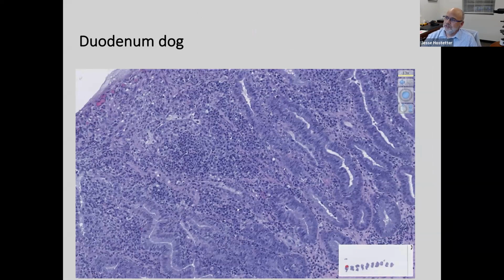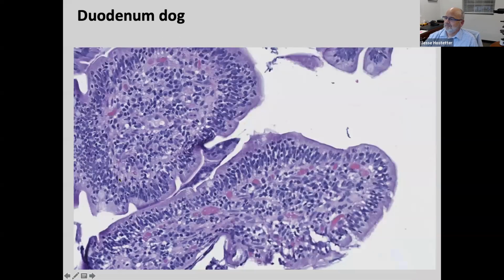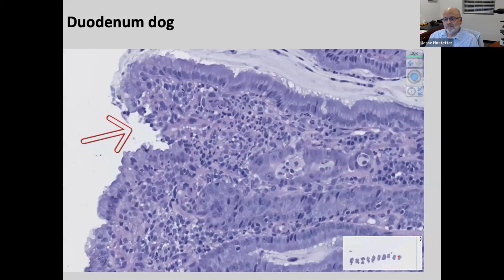Here's another image. Another image. And the last one.